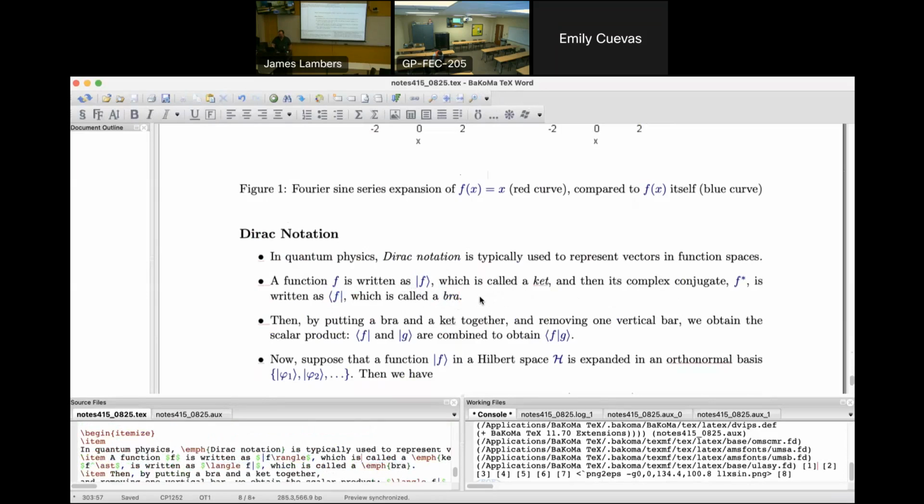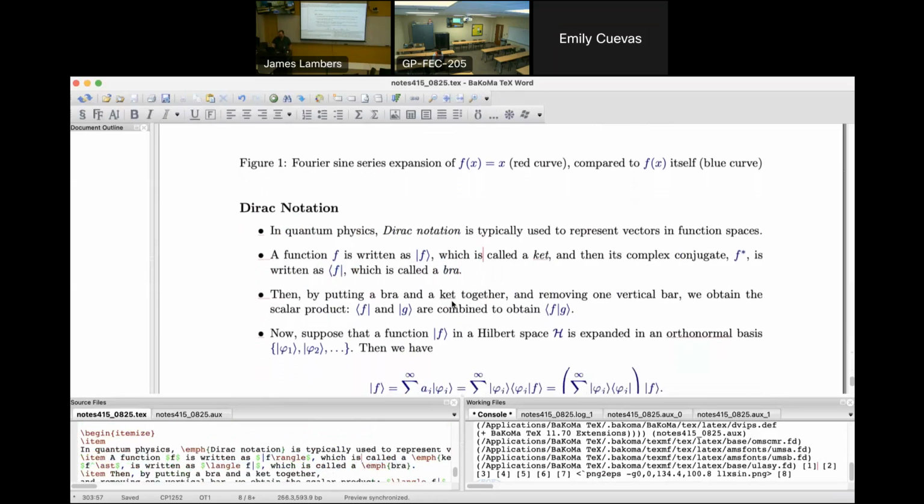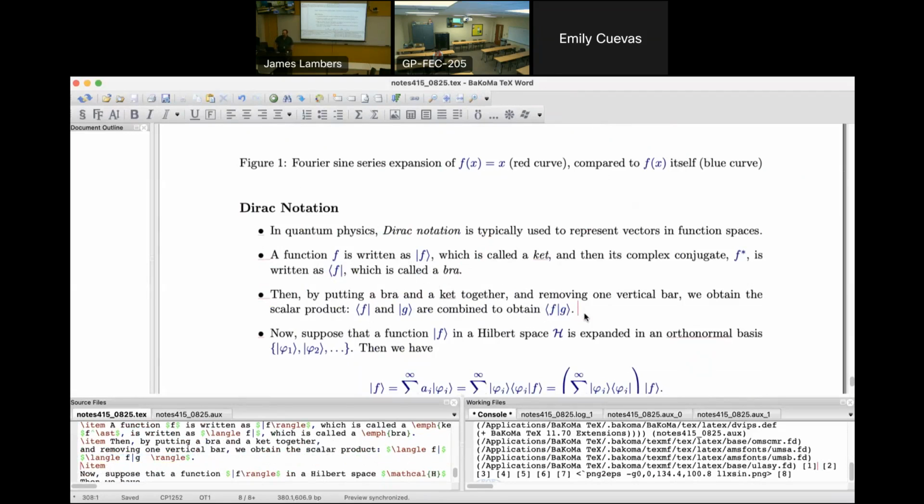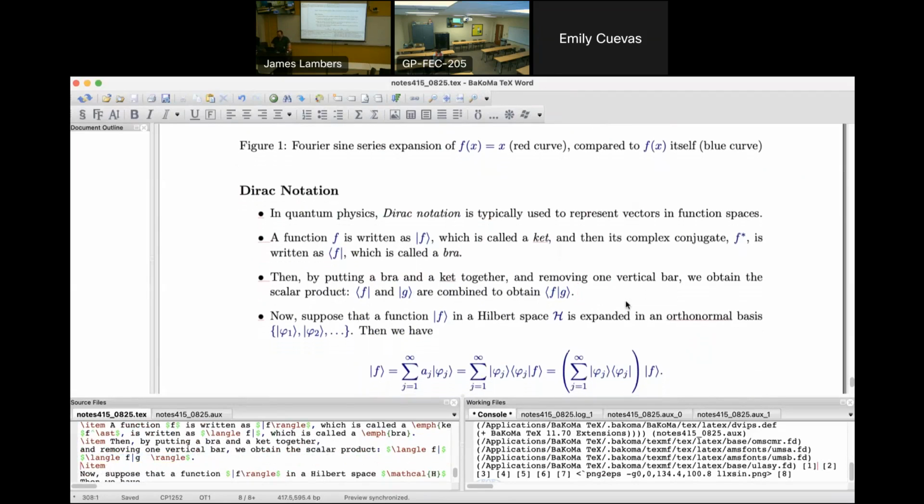Sorry to any physicists who are listening. So you put them together, and then one vertical bar is removed because it's redundant, and you get a scalar product. So the bra and the ket come together, bracket, and there you go. I don't make this up, I just report it.